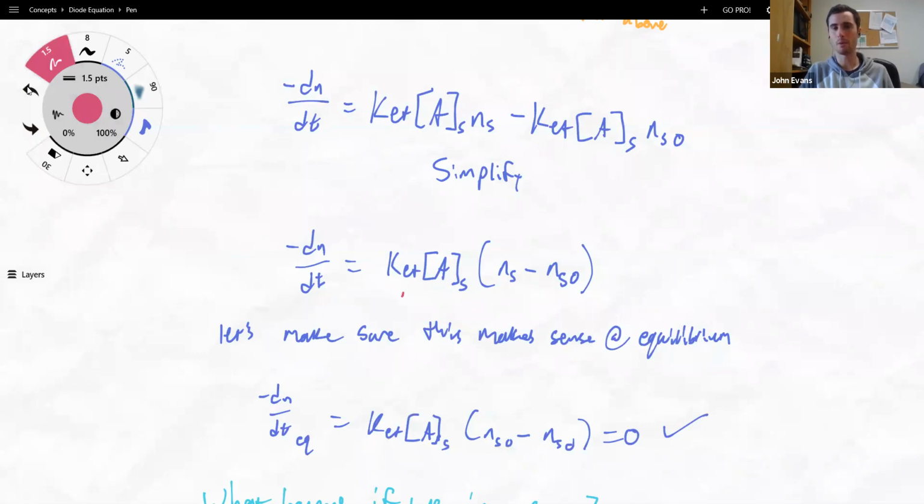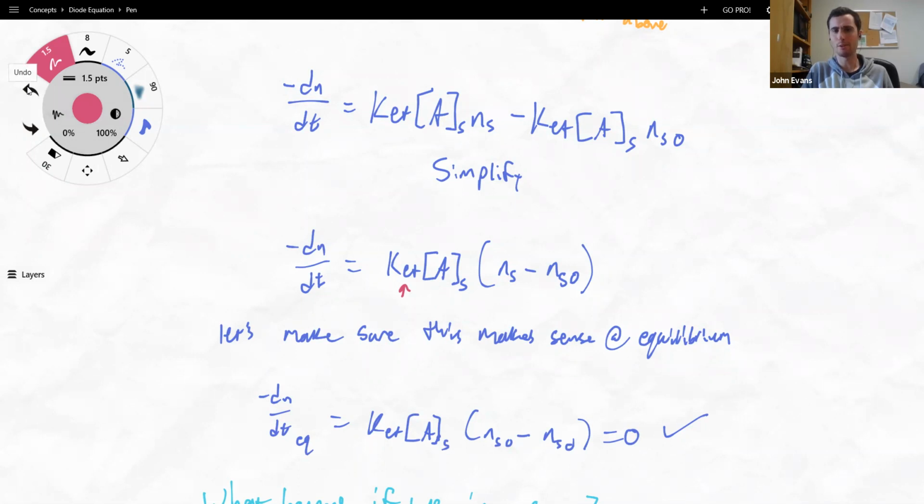So now we have the forward reaction rate constant multiplied by the concentration of acceptors at the surface multiplied by the difference between the current surface concentration of electrons and the equilibrium surface concentration of electrons.